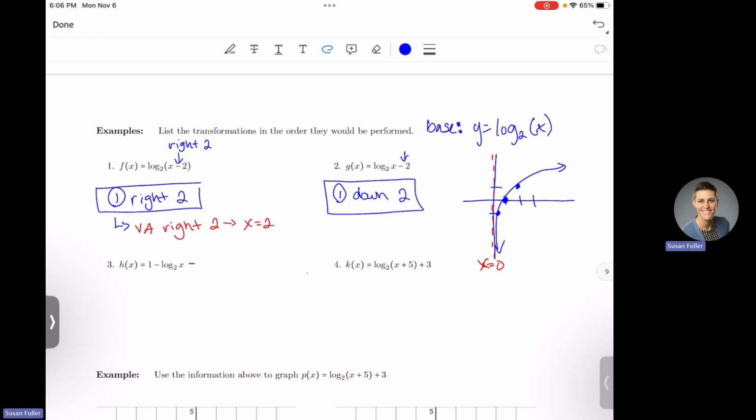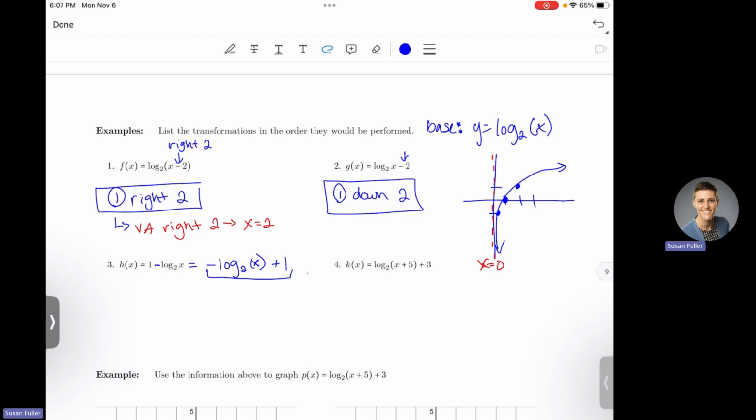So I'm just going to reorder this a little bit, and notice my log is negative. This negative is attached to the log. It's going to stay with it. So I'm going to say this is negative log base 2 of x. And I'm adding 1 to that because that 1 is positive. My brain's going to have a much better time figuring out transformations from this than from the way that it was originally written.